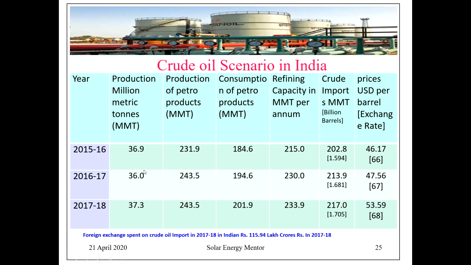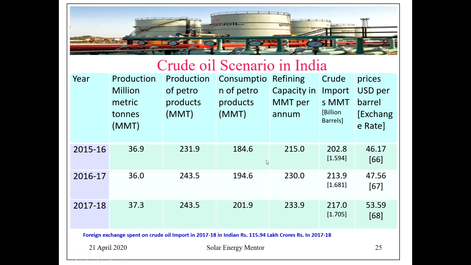In 2015-16, our crude production was 36.9 MMT, but production of petroproducts was 231.9. So our petroproducts production was higher than our crude production.